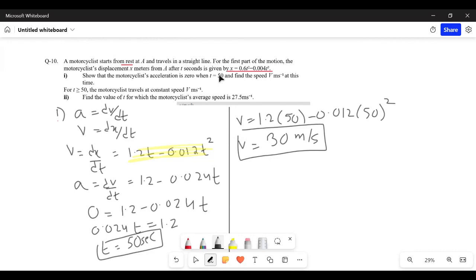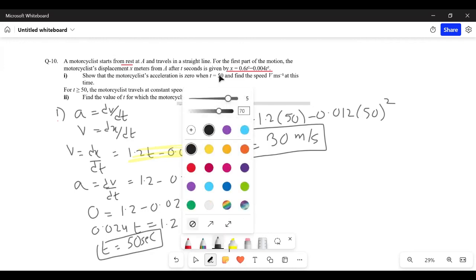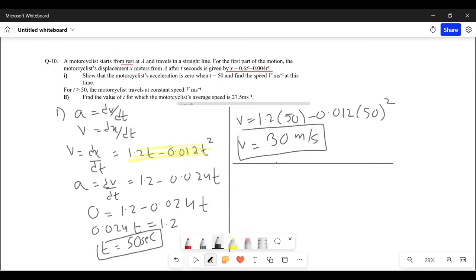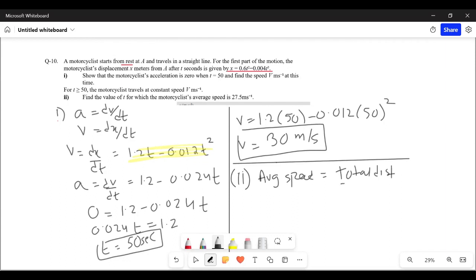Find the value of t for which the motorcyclist's average speed is 27.5 meters per second. Okay, average speed is being talked about, so we will use the average speed formula, which is total distance over total time. Now we need the distance of the first part of the journey and the distance of the second part of the journey.